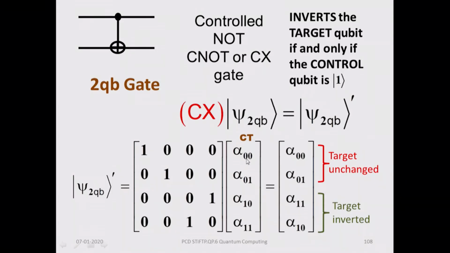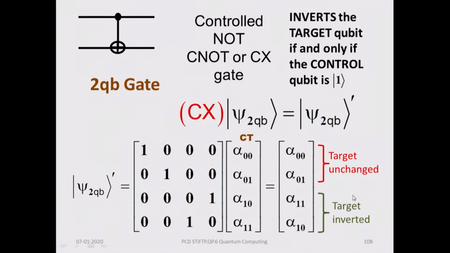Those are automatic consequences of a unitary transformation. And notice that the target states remain unchanged when the control qubit is 0. Okay. So, here the control qubit is 0, here also the control qubit is 0, the target is 0 and 1, and these target states remain the same, which is 0 and 1, and that is represented by this first 2 by 2 block of this matrix, all right.